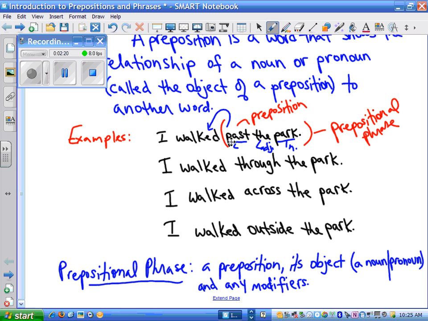I've just substituted prepositions to help you see that we are talking about relationships. So through is a preposition, across is a preposition, as is outside. So the prepositional phrase includes the preposition, the object of the preposition, which is always a noun or a pronoun, and then any of its modifiers.